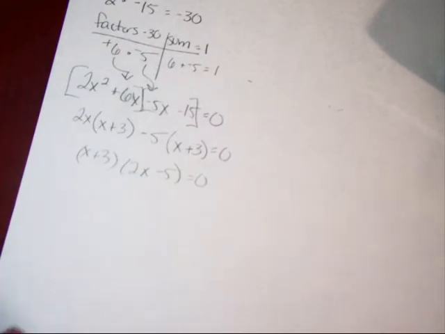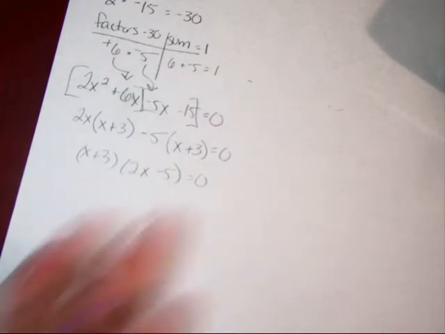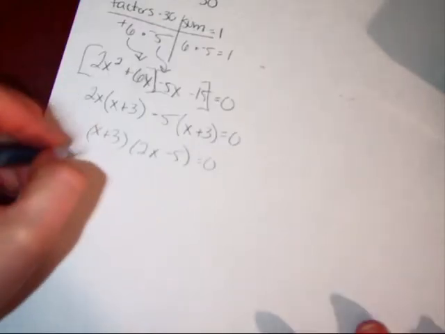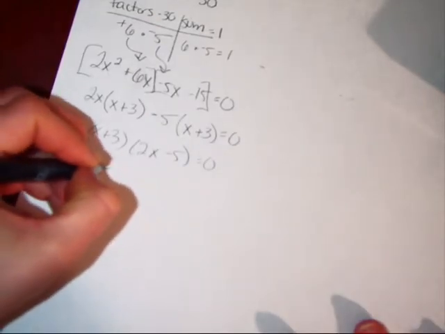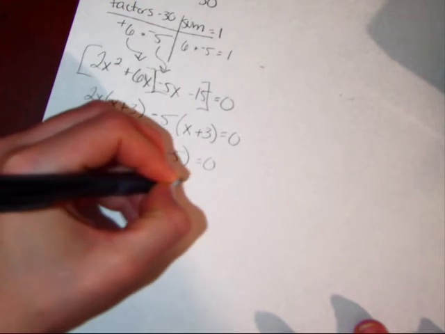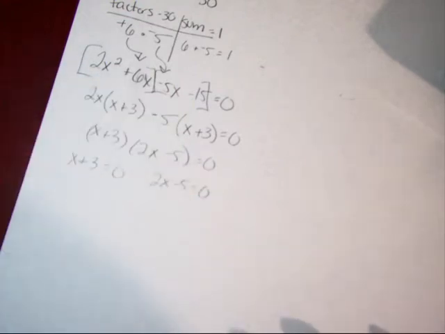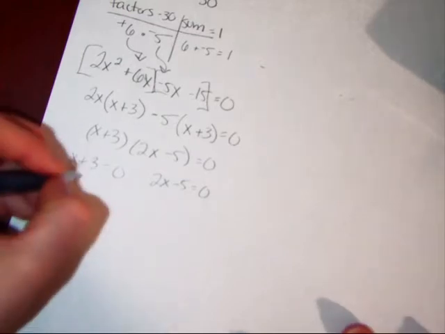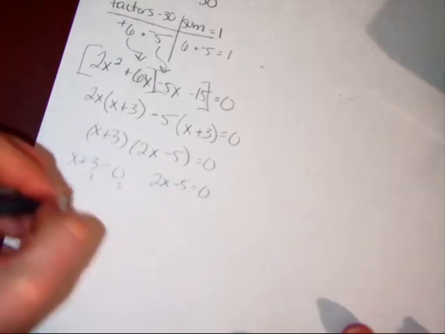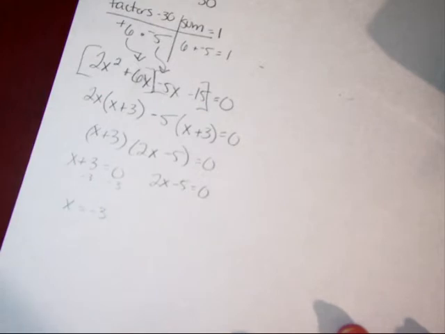Okay guys, here's the new step in 4-5. Because we have it set equal to 0, you must set each parenthesis equal to 0 and solve to get an answer. So I get x plus 3 equals 0, minus 3 minus 3, x is negative 3.